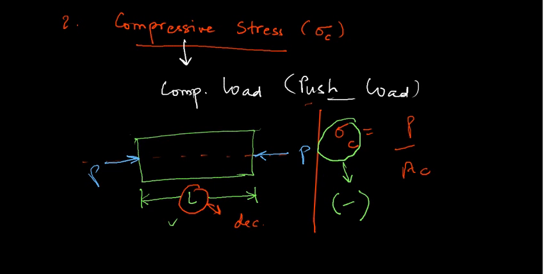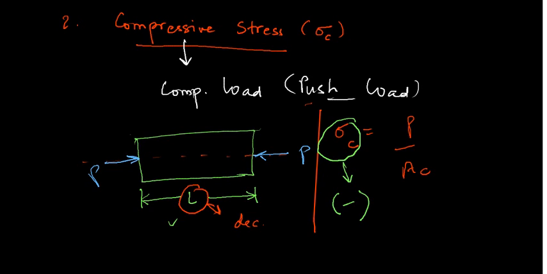So a compressive load decreases the length of a body, and the stress associated with that kind of load is also regarded as a negative stress. We have discussed the units for stress, that's megapascal.